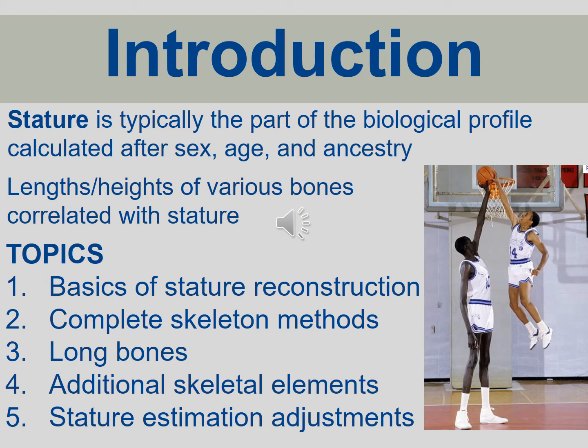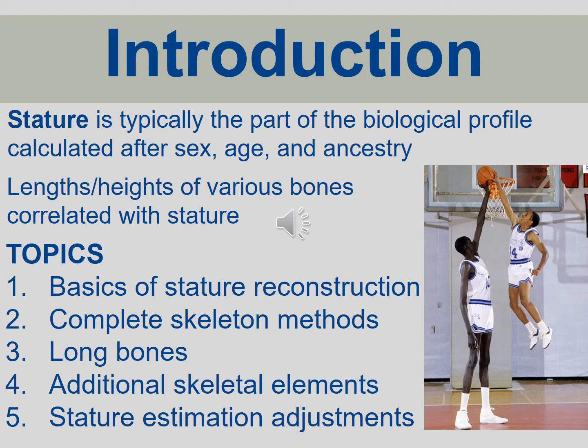And it makes a lot of sense. Your leg length is a major contributor to height, and then bones of the arm are not as accurate. Maybe they're 60% or less. Although if you only had bones of the arm to use, then that might be the only way to get at a stature estimation.